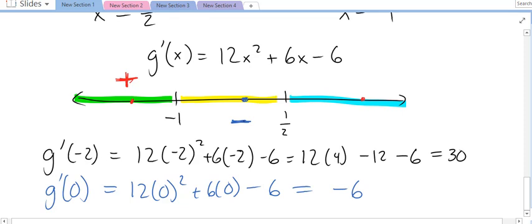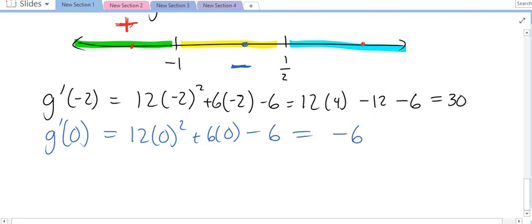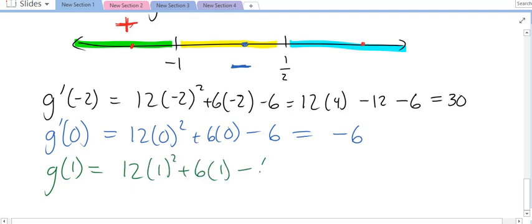And now for the last one, in this blue interval, from 1/2 to positive infinity, 1 is a convenient number to pick there and test. So I can do g prime of 1. And so we'll have 12 times 1 squared plus 6 times 1 minus 6. And if we go ahead and do that, we get 12. And so we get that it's positive here.